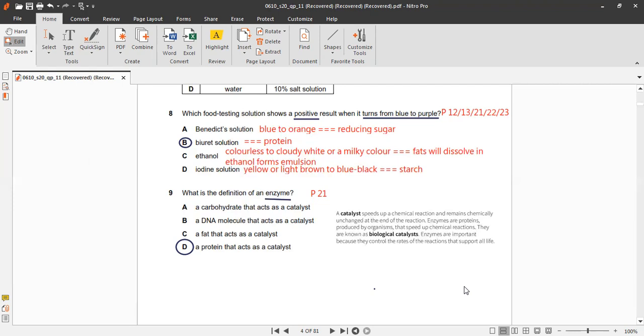They are known as biological catalysts. Enzymes are important because they control the rates of the reactions that support all life. So the correct answer, an enzyme is a protein that acts as a catalyst, is D.